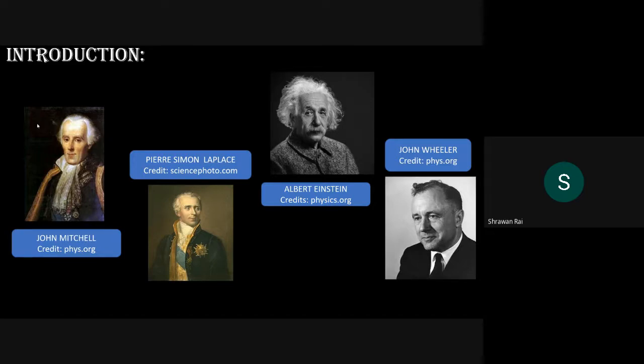Then later, in 1915, Albert Einstein predicted the existence of black holes with his theory on general relativity. After that, in the year 1967, John Wheeler, an American theoretical physicist, applied the term of black hole to what it means now.